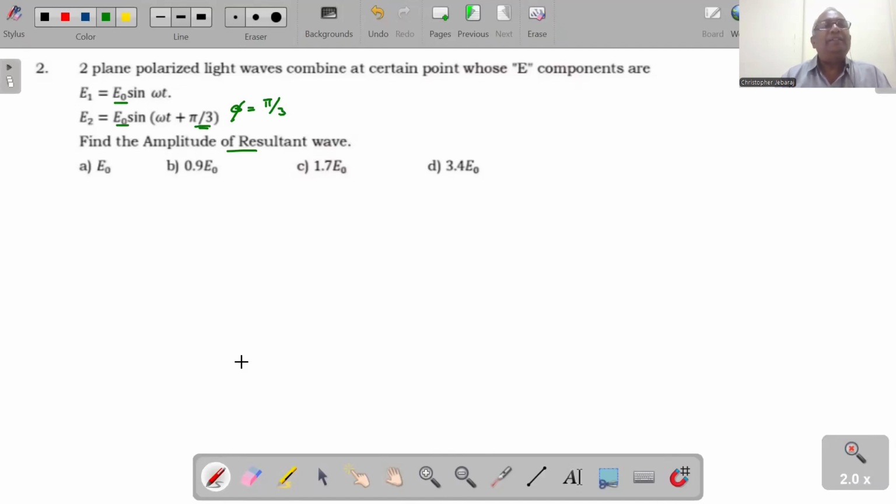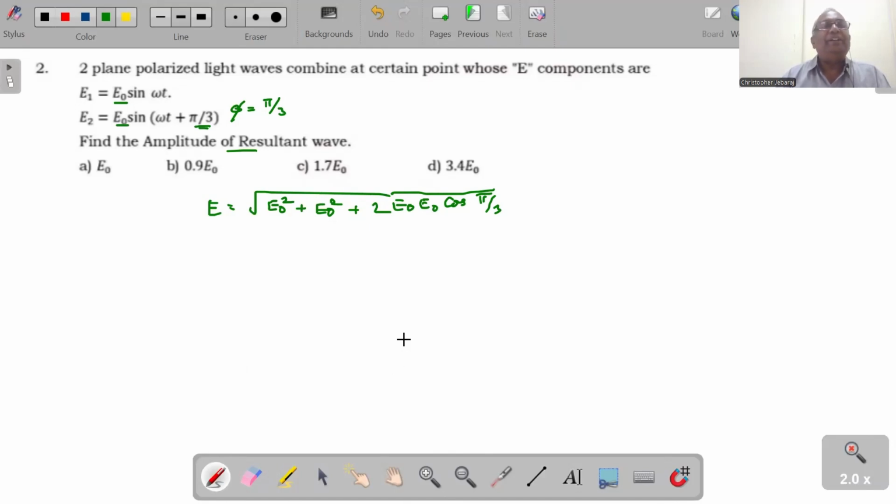We know the formula for resultant amplitude: E equal to root of E0 squared plus E0 squared plus 2 E0 E0 cos pi by 3. The formula is A1 squared plus A2 squared plus 2 A1 A2 cos phi.